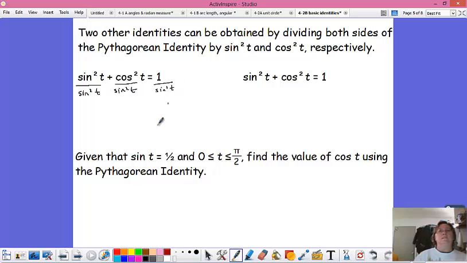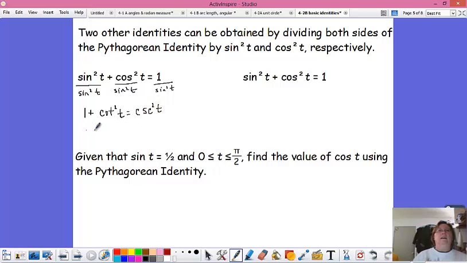And I'm going to start out with sine squared. Sine squared over sine squared, that's 1 right there. Cosine squared over sine squared, that's the cotangent. So cotangent squared of t. And 1 over sine squared, well, the reciprocal of sine is cosecant, so this must be cosecant squared t.